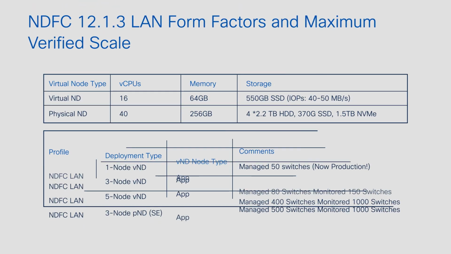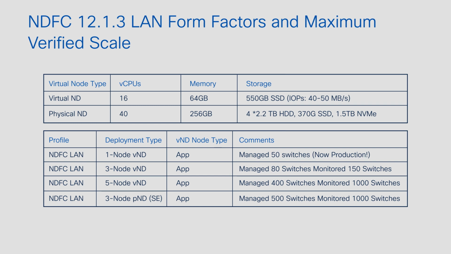Now, before we go into the solution itself, NDFC 12.1.3 is the latest release. And as we see, NDFC can be installed both on a virtual as well as a physical form factor. For LAN, we're also introducing a 1-node production vND that will scale up to a managed 50 switches. And we have support for a 3-node or a 5-node cluster.